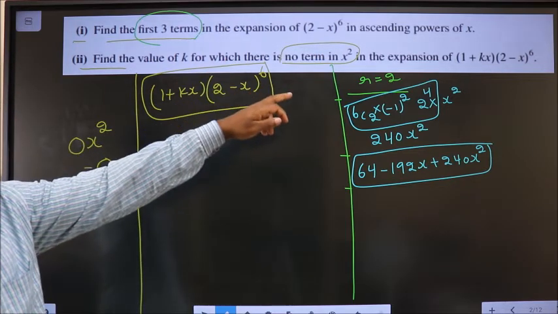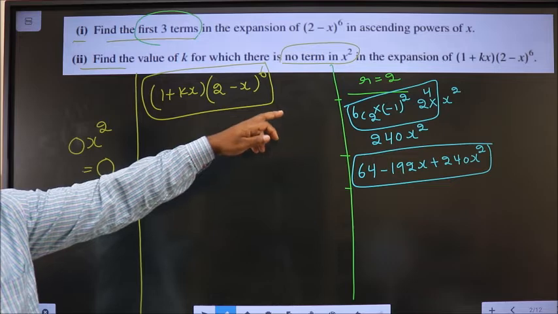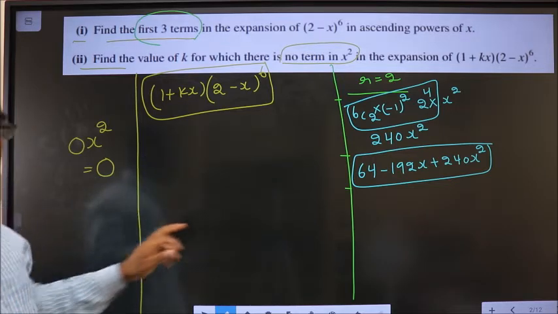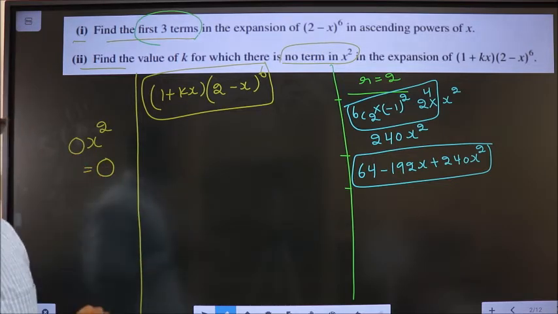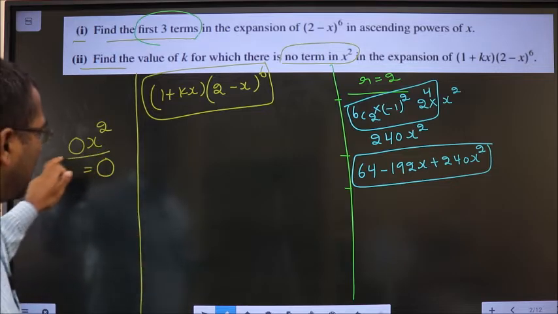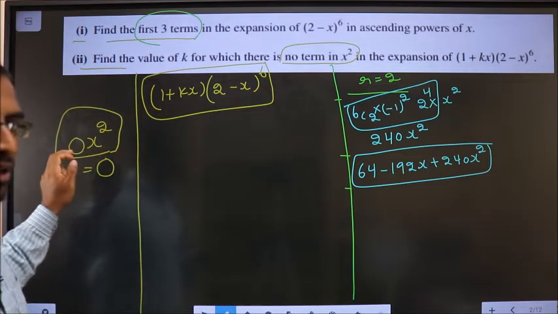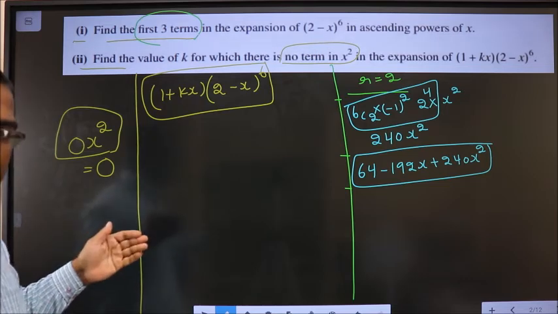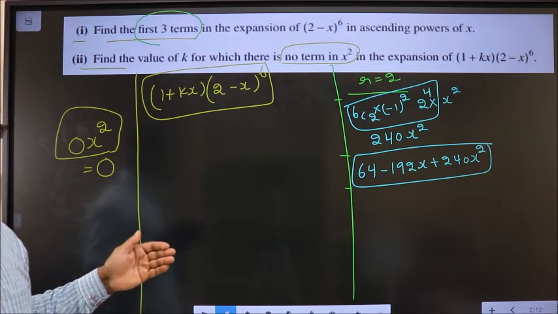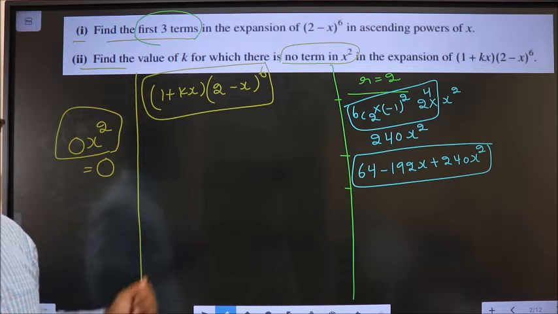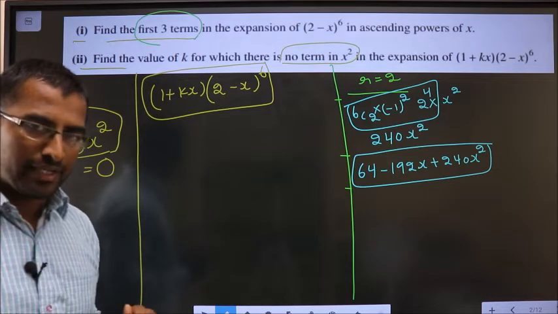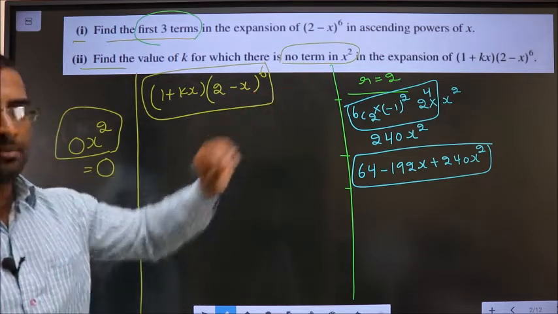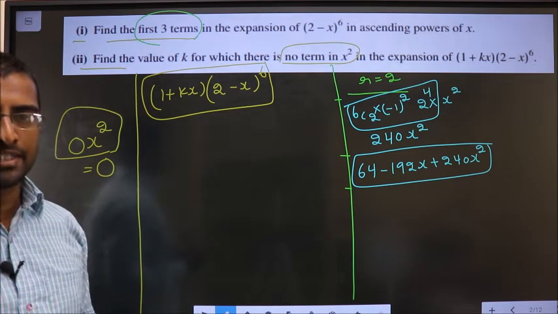For you to be sure of that, there has to be 0 before x square. From this I understand the coefficient of x square should be 0. Only in that case I can say the x square term is not present in the expansion. Clear?